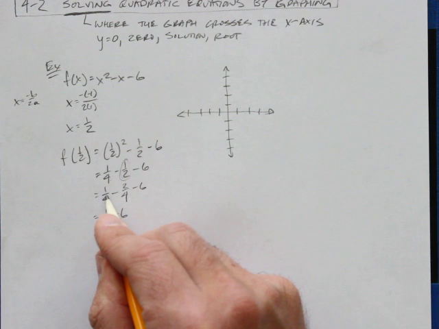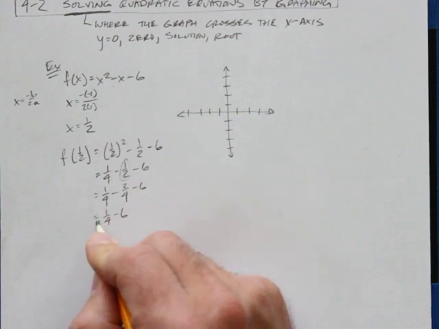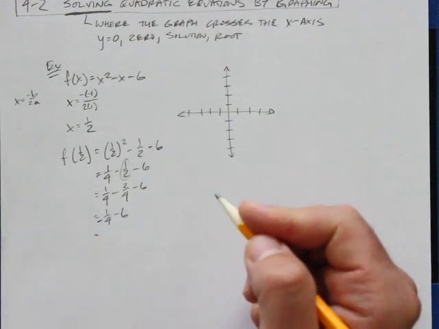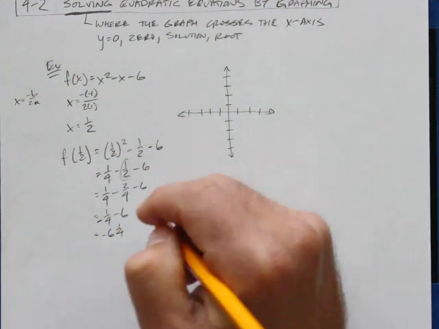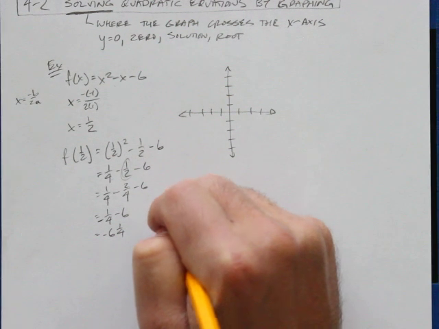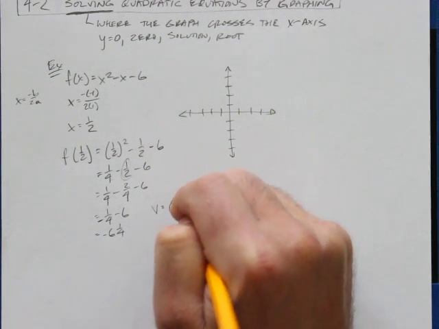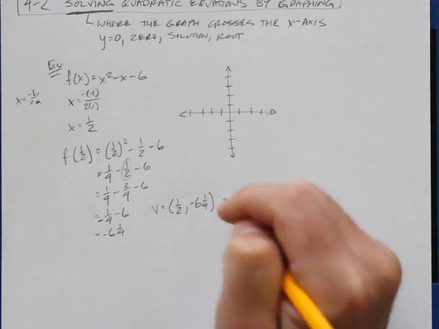But 1/4 minus 2/4 is negative 1/4, not just positive 1/4. So we end up with negative 6 1/4. So my vertex is 1/2, negative 6 1/4. Gross.